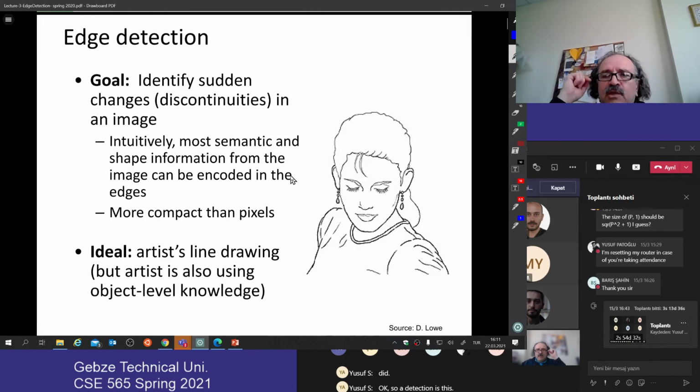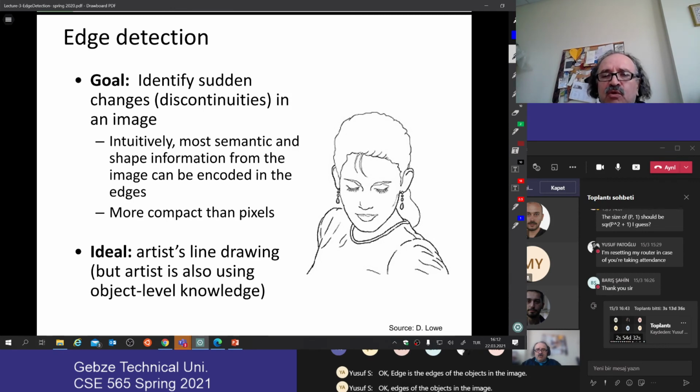You have an image and you would like to find the edges in the image. So what is the definition of an edge? Intuitively, edges are the edges of the objects in the image.